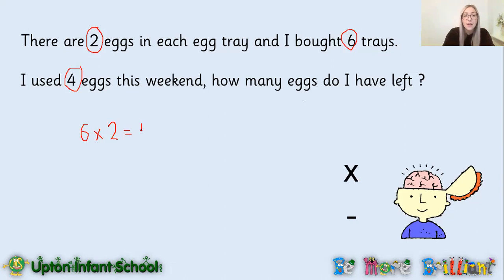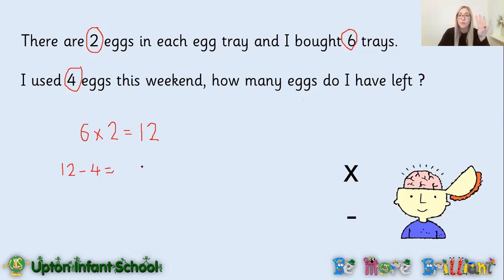My answer to the first part is 12. They bought 12 eggs. But then they used 4 on the weekend. So we need to write the number sentence 12, and we are taking away 4 equals. 12 take away 4 equals.